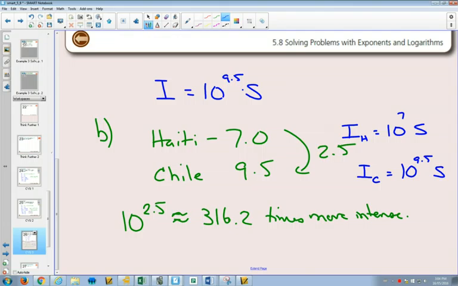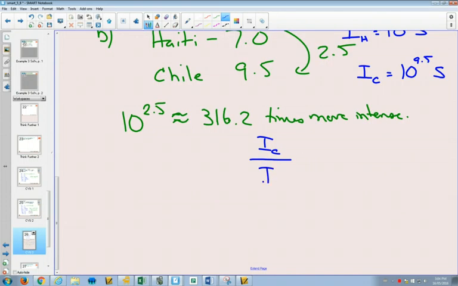And if you were going to compare them, you would take the intensity of Chile, which is the bigger one, divided by the intensity of Haiti, which is 10 to the 9.5 S over 10 to the 7 S. What's going to happen to your S's? They're going to cancel out.